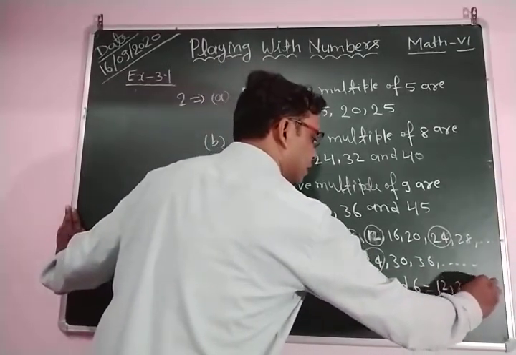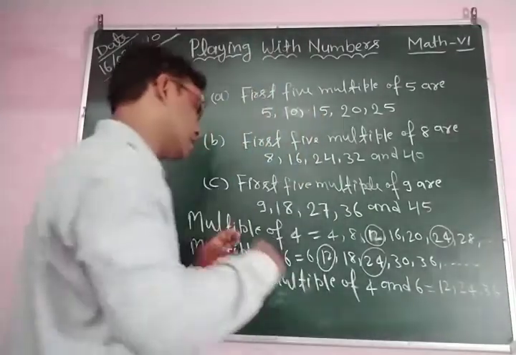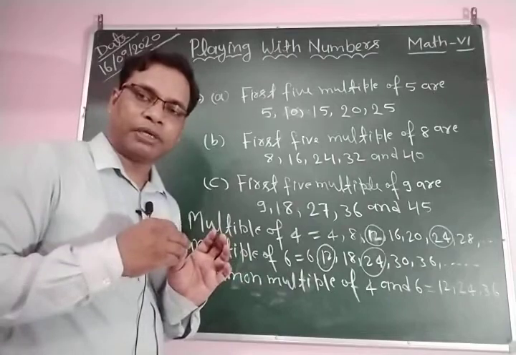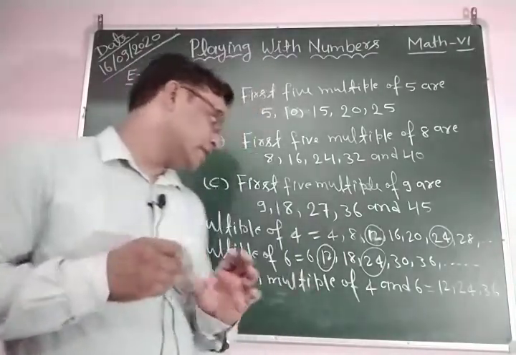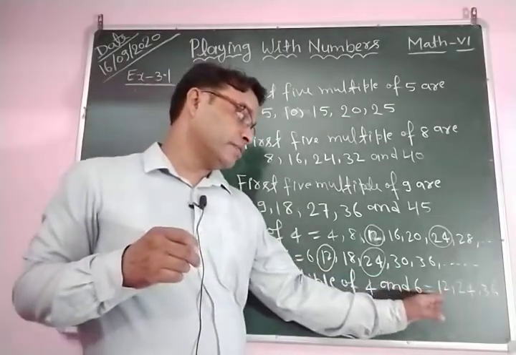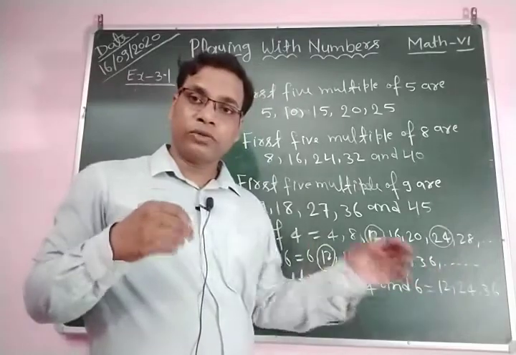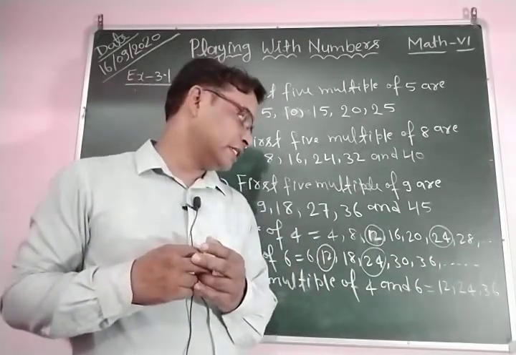After this you can find 36 and 48. Because 36 is a multiple of 4 and 36 is a multiple of 6. So 36 is a common multiple of 4 and 6. You can find a lot of common multiples of 4 and 6.